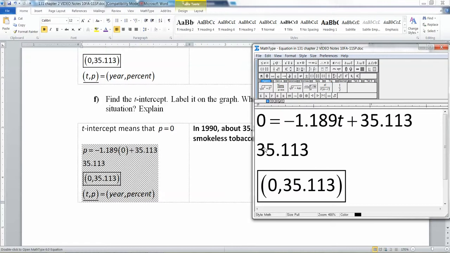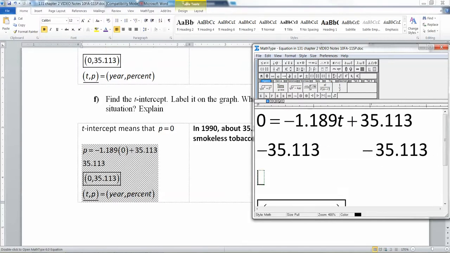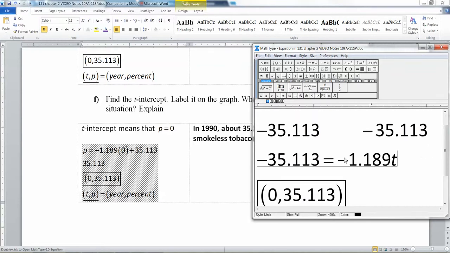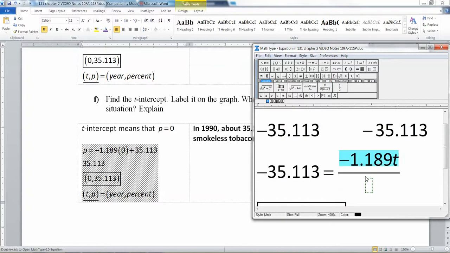That means I'm going to have to subtract 35.113 from both sides, right? Because you got to solve this for t. So you're going to get negative 35.113 equals negative 1.189t, and then you have to divide both sides by negative 1.189 because you want the t part by itself.